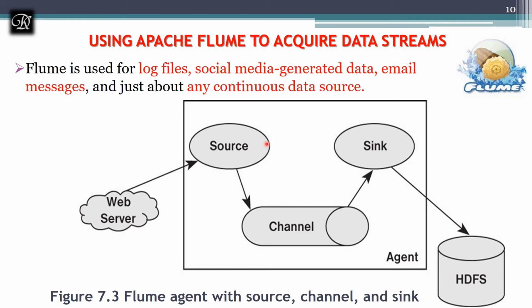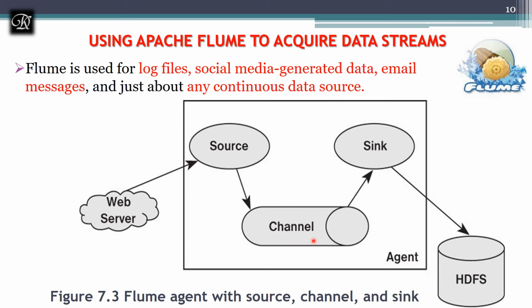If the reading speed of the sink is less than the writing speed of the source, then there are a lot of chances of losing the data, which we call congestion. Since it's a data stream, we don't want to lose data; we have to capture every piece so that we can analyze each and every incident that has happened. For that, rather than directly connecting source and sink, they came up with the concept of giving a buffer in between, which they call a channel.